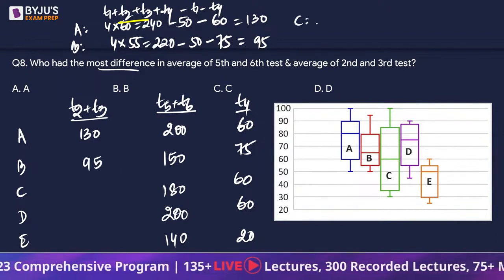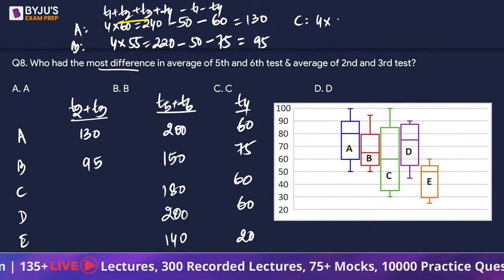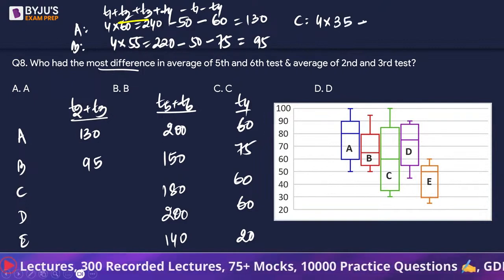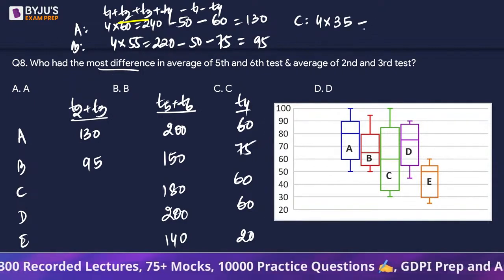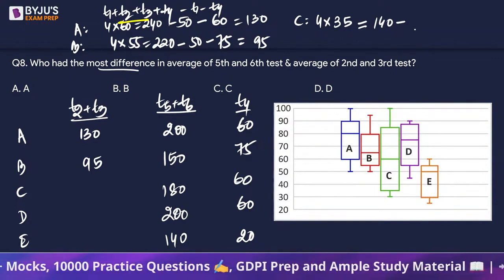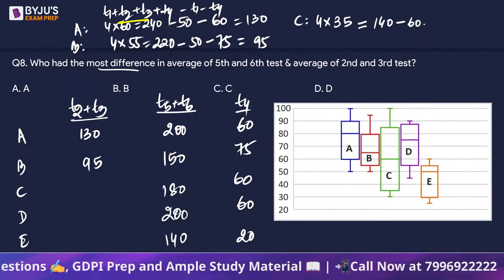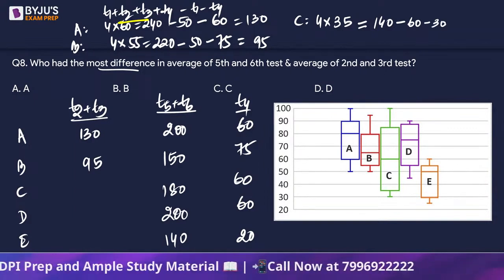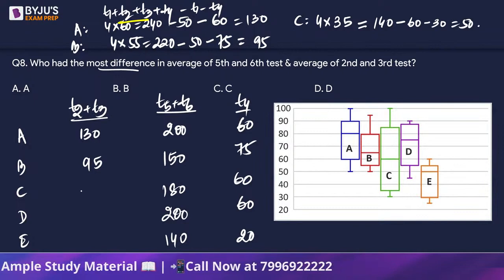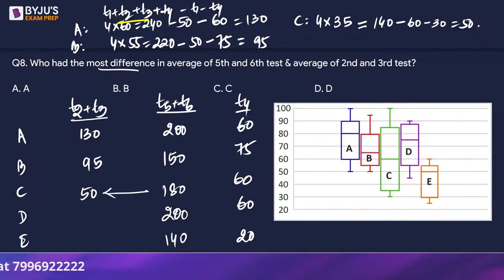If we look at C, it's going to be 4 times the bottom width, which is 35, and that gives us 140. From there we subtract T4, which is 60, and T1, which is 30. So 90 has to be subtracted, so we get 50 here. So T2 plus T3 for C is 50. This looks like the biggest difference, right? 50 and 180, that's a gap of 130, right?